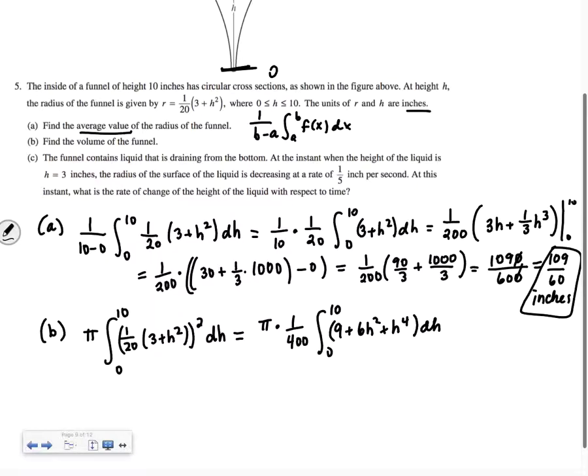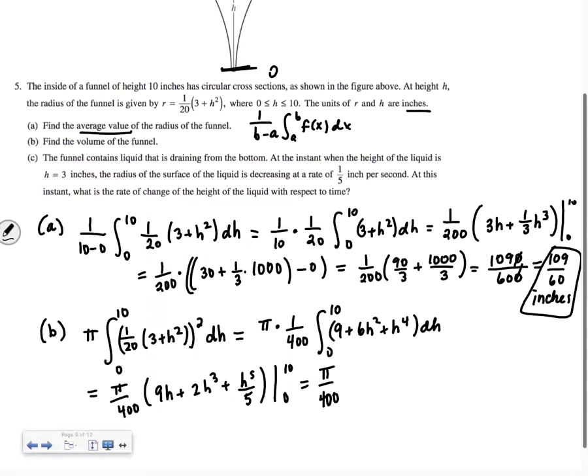And I have to integrate this. So I have pi/400 times the integral from 0, well, let's go ahead and integrate. So I get 9h plus 2h cubed plus h to the 5th over 5, from 0 to 10, and I continue to find it.